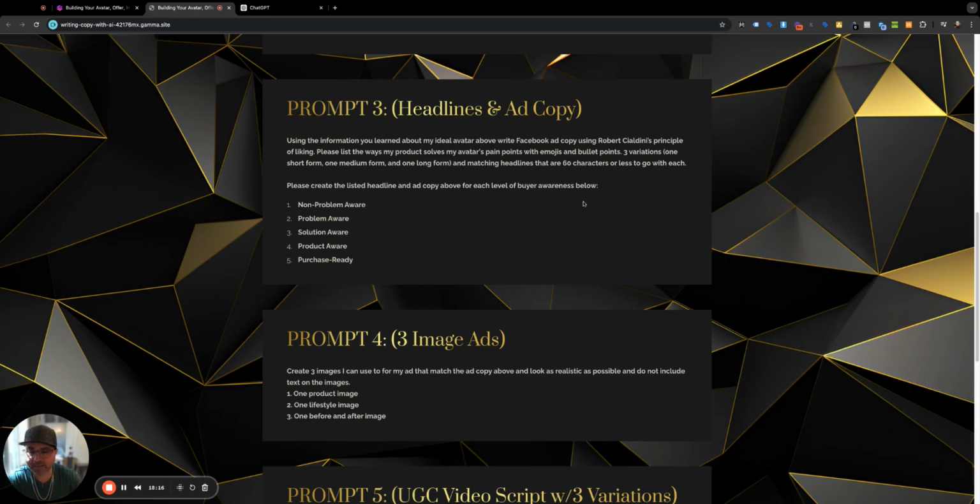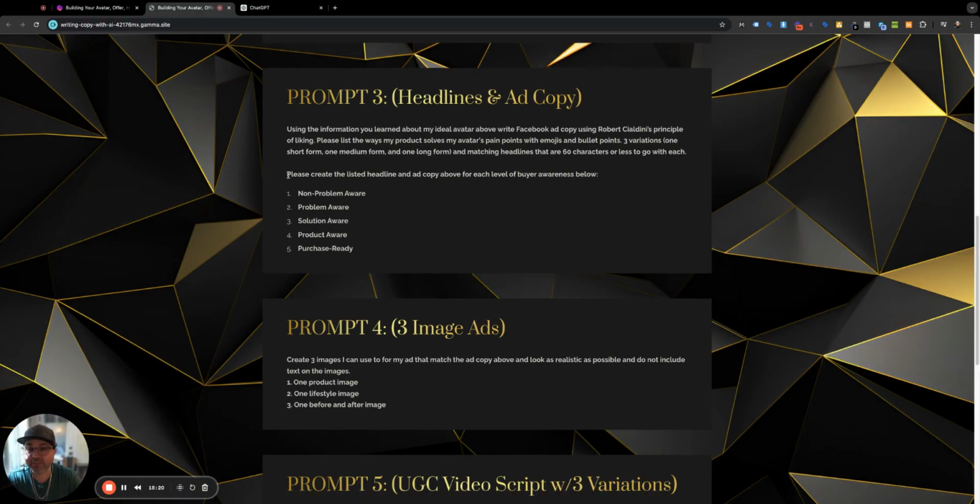So anyways, okay, moving on to the rest of this prompt. It says, please create, so it's going to create 3 headlines and 3 body copy and add in all those pain points. I think there were 5 pain points. And then we're also writing, please create the listed headlines and ad copy above for each level of buyer awareness below.